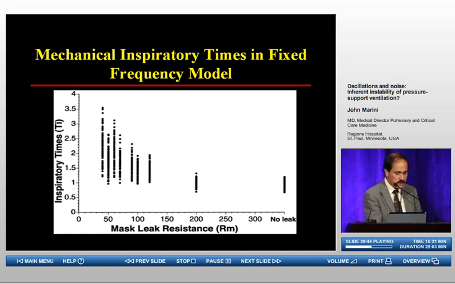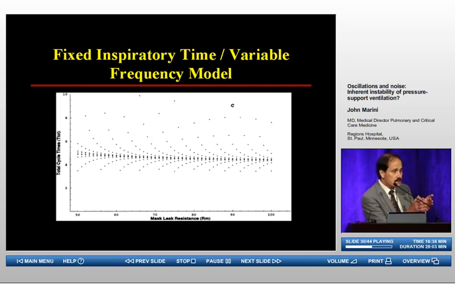And you can see as the mask leak resistance falls, then you begin to get different cycles giving you much different inspiratory length times and consequent tidal volumes and sense of discomfort. If you fix the inspiratory time and allow frequency to vary, you also get some interesting patterns in theory.